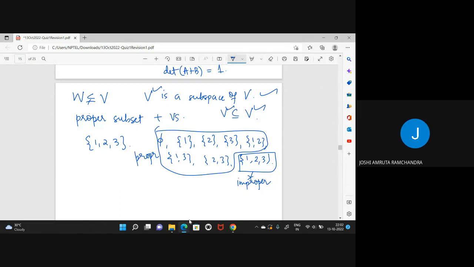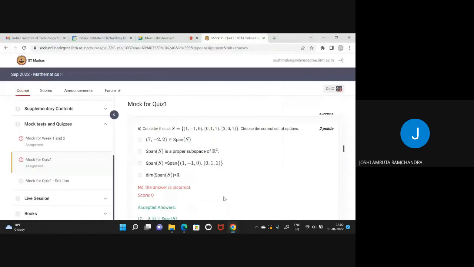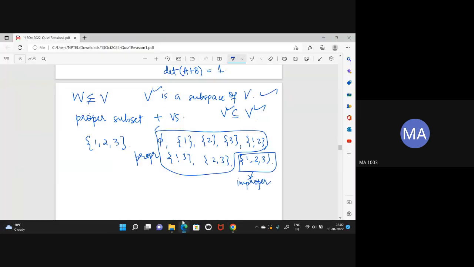But don't we have to check the three conditions? What is span of S? Span of S is the subspace generated by this, right? Span of S is the vector space R3. Then it is not a proper subspace, right?